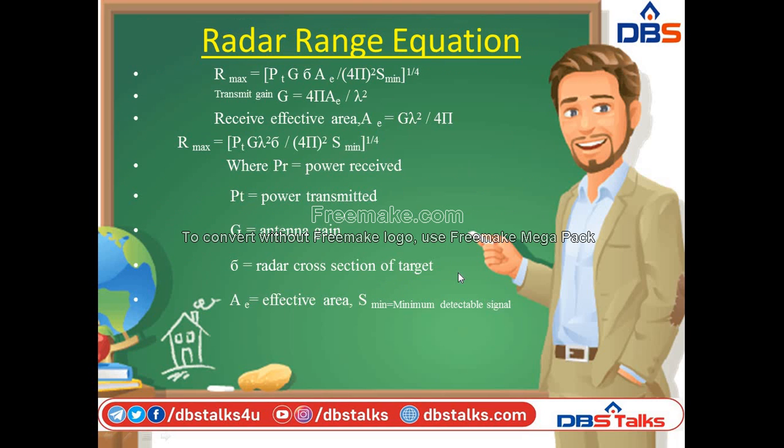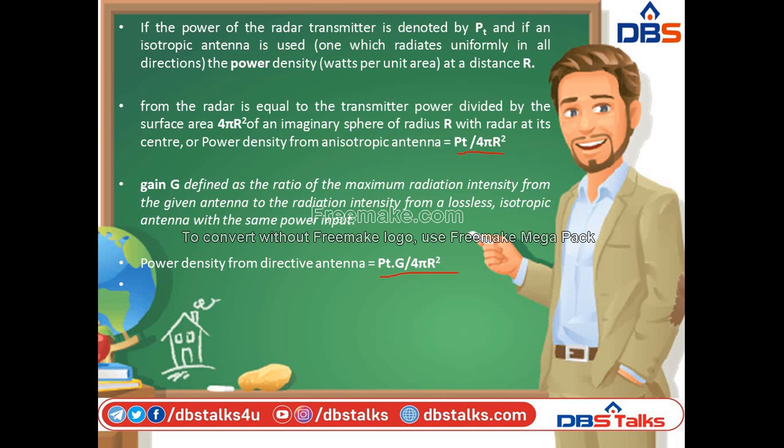Coming to the next one, we need to determine the cross section of the target also. The ability of the target to reflect energy is dependent upon the cross section of the target.